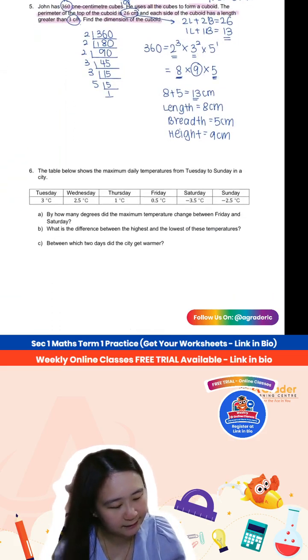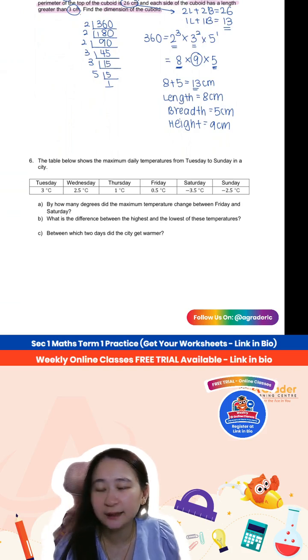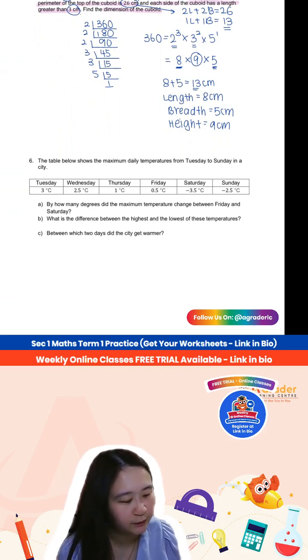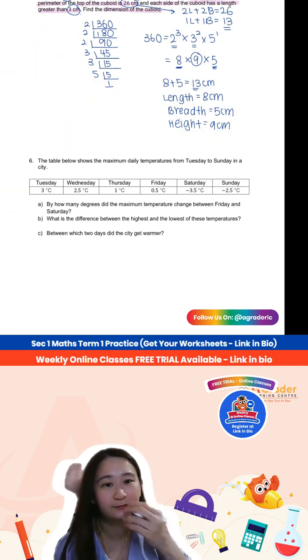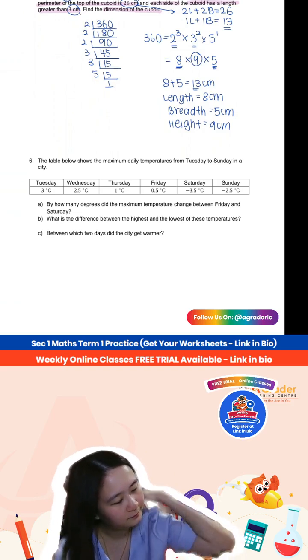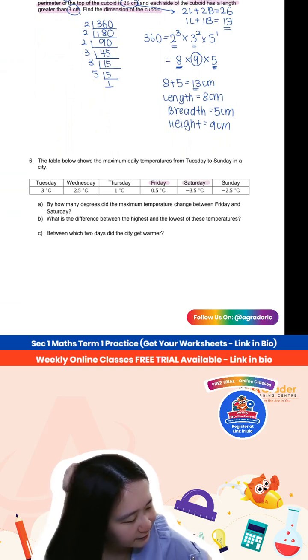Question 6. The table below shows the maximum daily temperatures from Tuesday to Sunday in a city. By how many degrees did the maximum temperature change between Friday and Saturday? So you want to see the changes between Friday and Saturday.